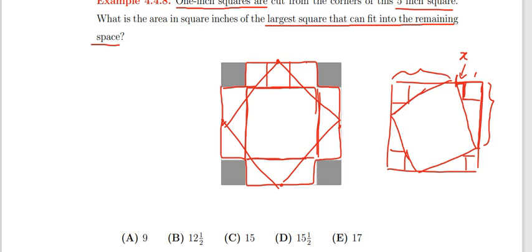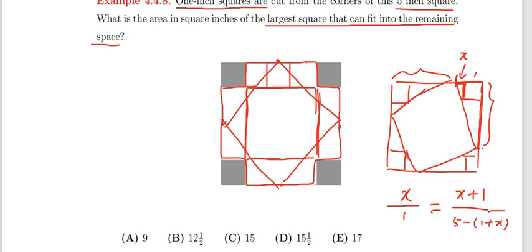So here we find x, that x should be like this: x over 1 equals x plus 1 over, so what is this? This is 5 minus 1 plus x. Right?